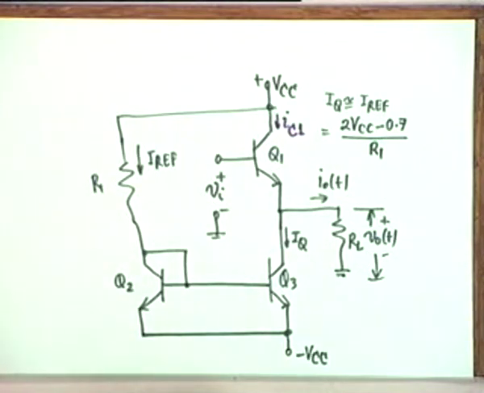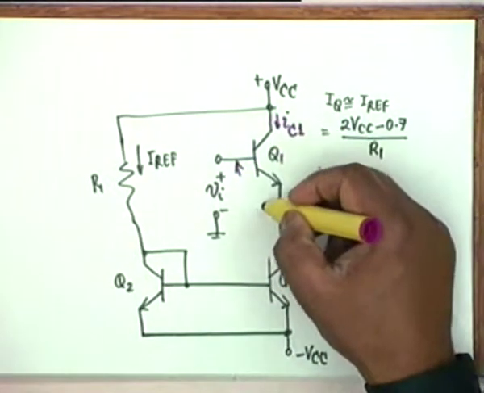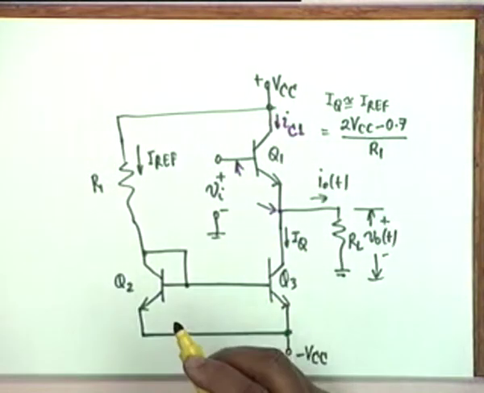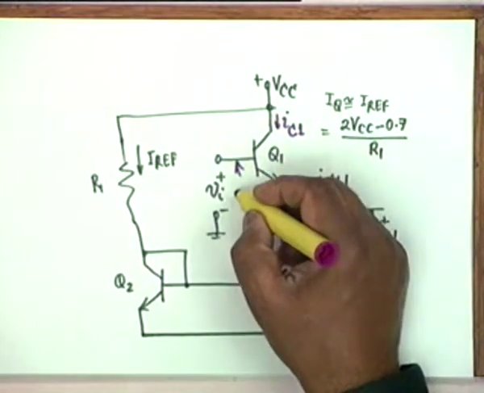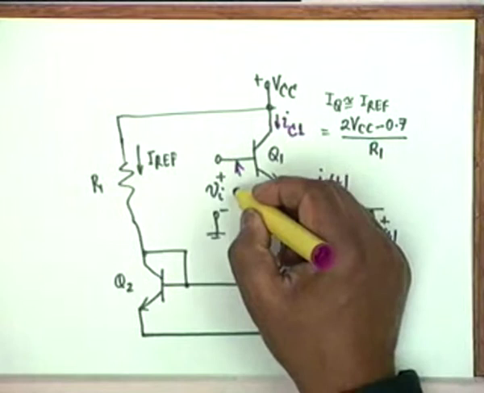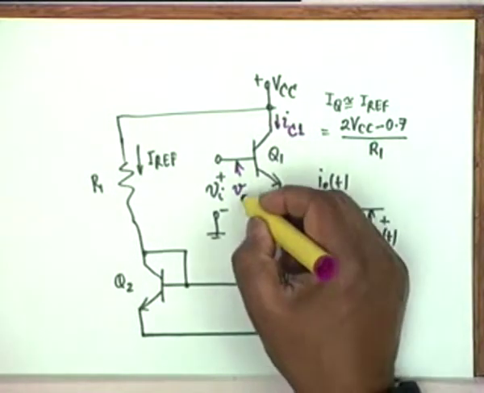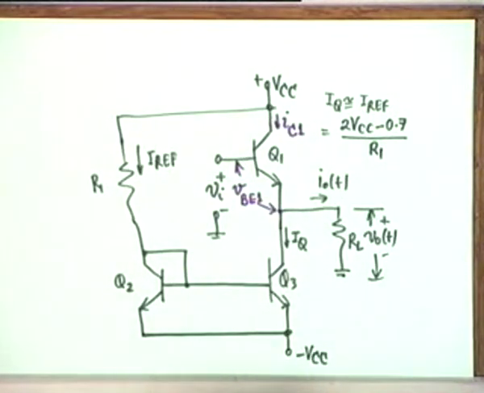If you recall our terminology, i sub C1, and then this voltage will change with the applied signal. So this voltage we no longer call capital V BE, but we call small v BE1, the total voltage.